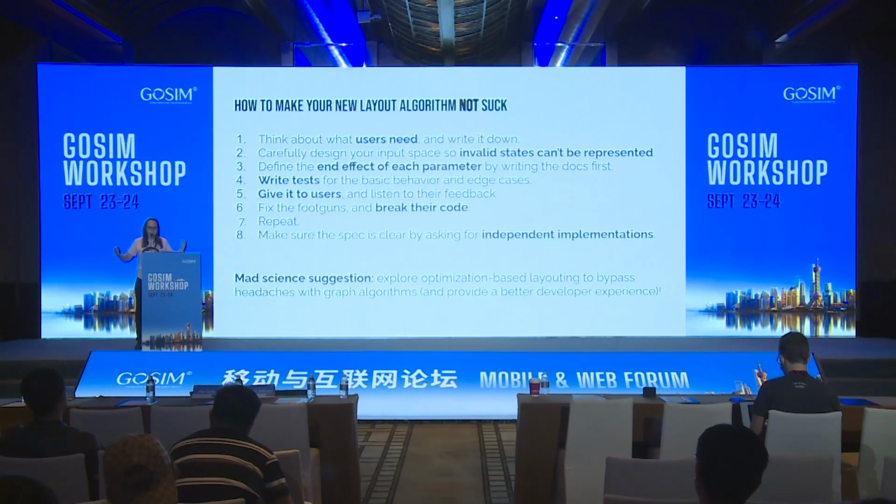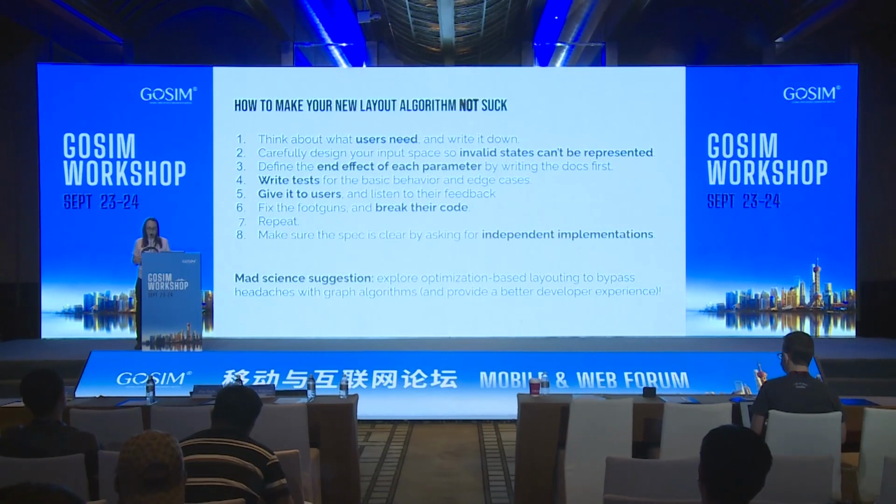So, in summary, let's talk about how we might make our new layout algorithm not suck. So first, controversial, but you should think about what your users need rather than starting from an algorithm.